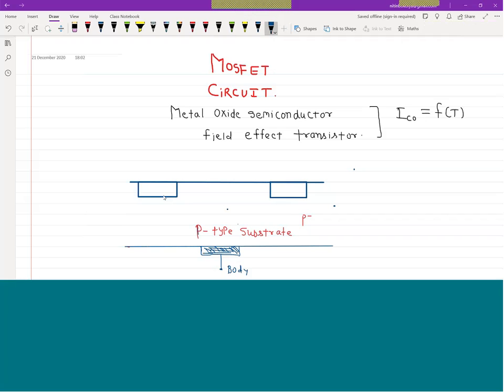Then one more terminal we are having here is known as highly doped N plus, N-type doped.